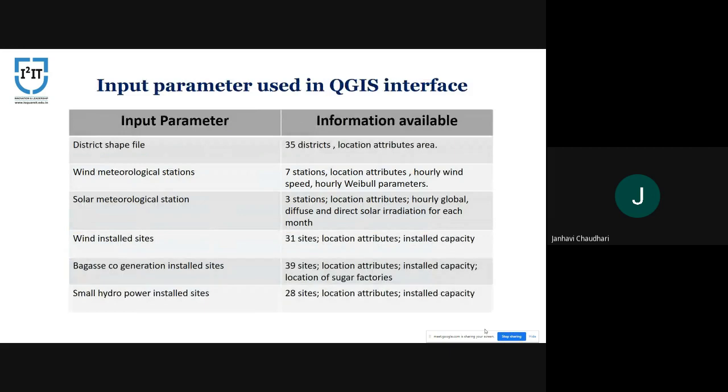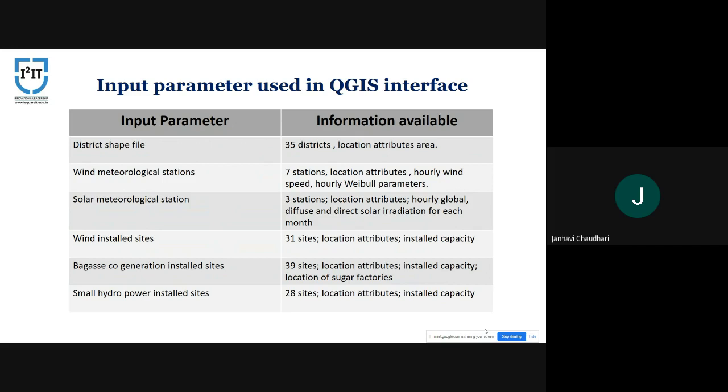Input parameters used in the QGIS interface. The summary of the input parameters: for the district shape file, the information is 35 district locations. For wind meteorological stations, there are 7 stations.